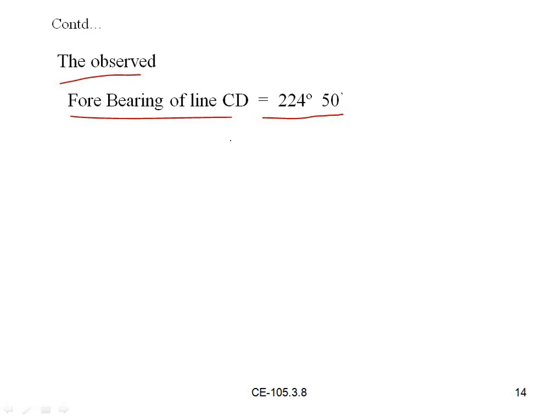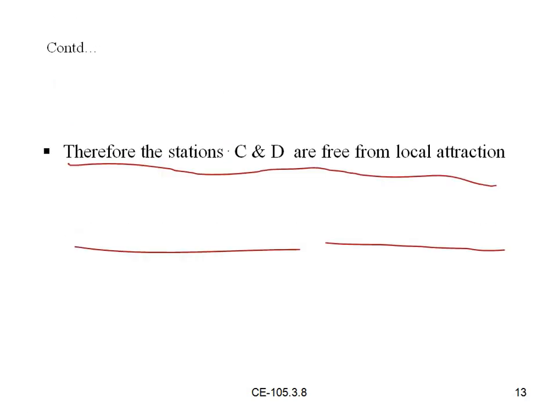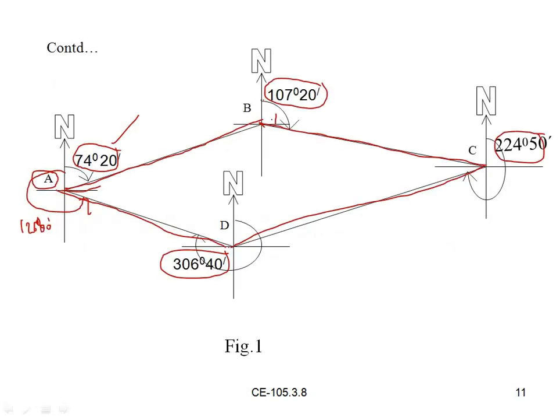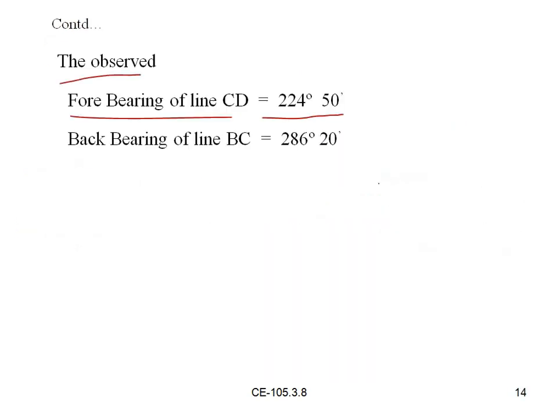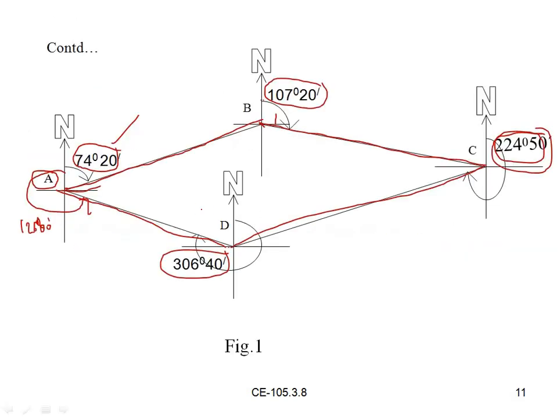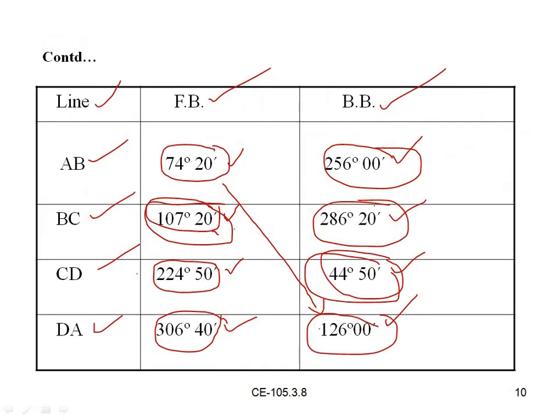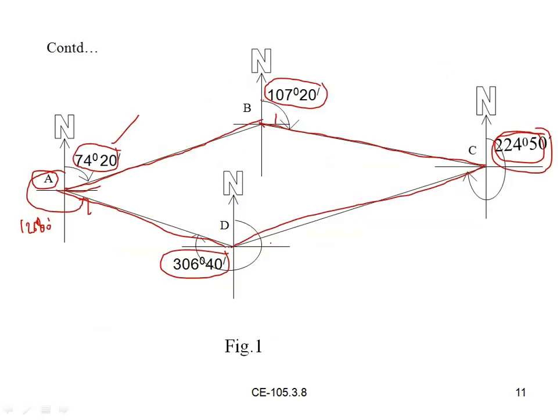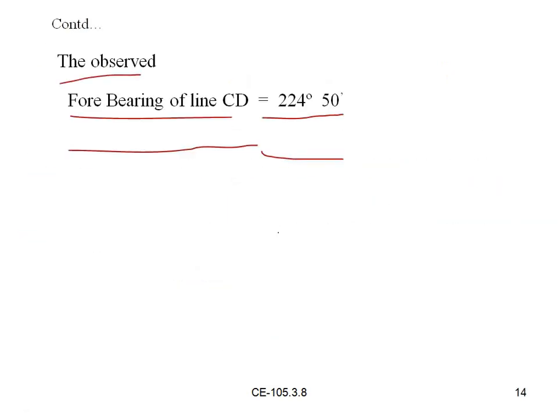Again, the back bearing of line BC is equal to 286 degrees 20 minutes. So this is the back bearing of CB.